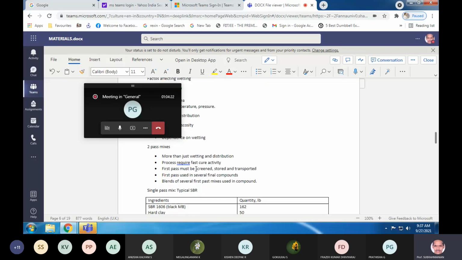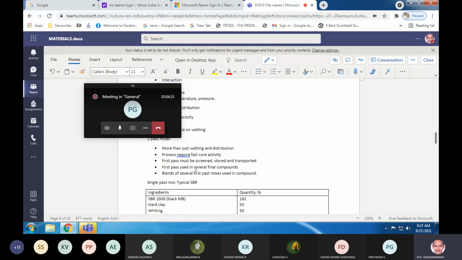So this two-pass mixing, when do we do it? Our mixing is not only wetting and distribution, more than that. Before we add the curatives, the master batch has to be filtered because the master batch may contain some undispersed filler particles, and when we make a film out of it, it may not come out smoothly.